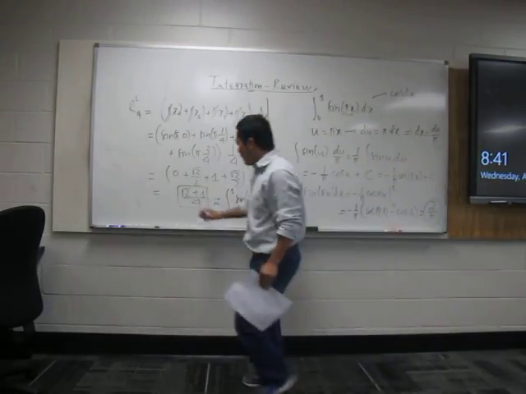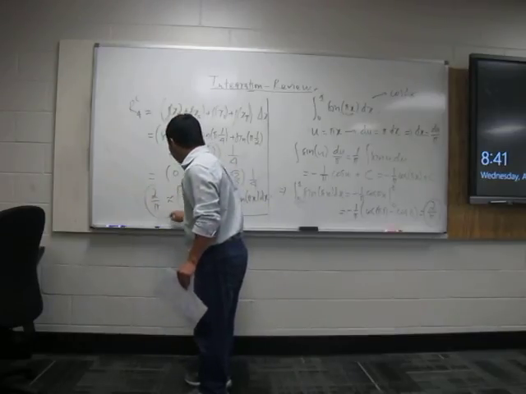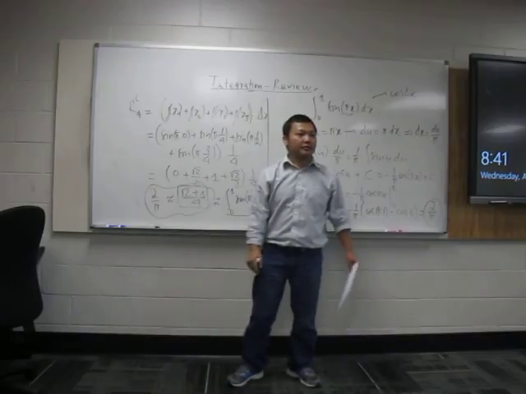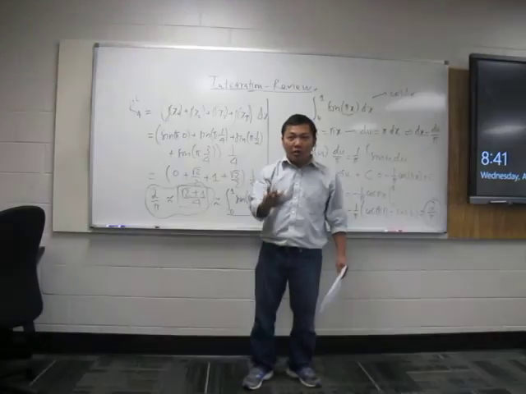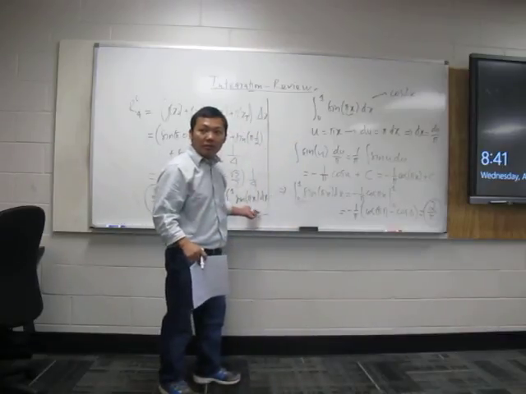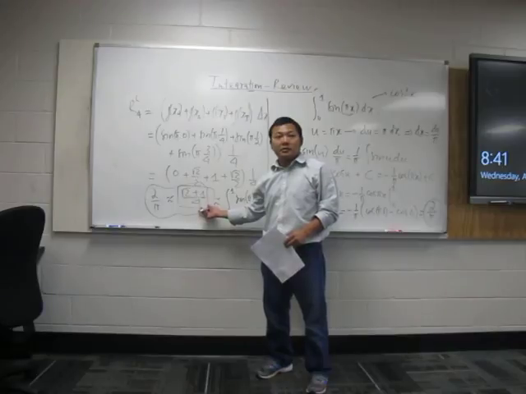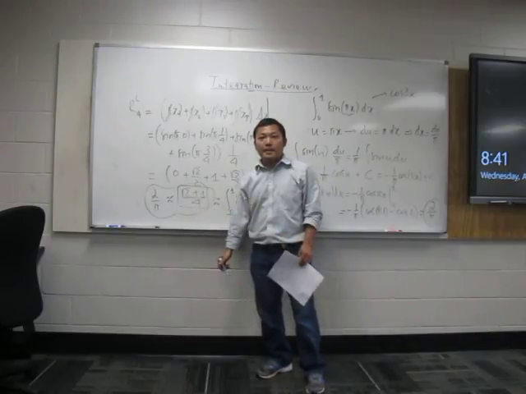So 2 over pi is the exact value of this definite integral, and we use the Riemann sum to approximate that number. And we have this answer.